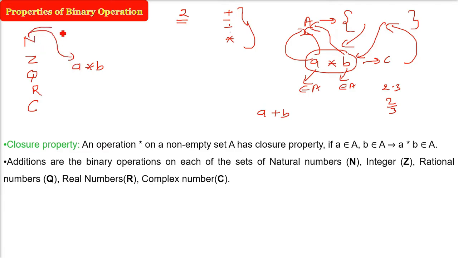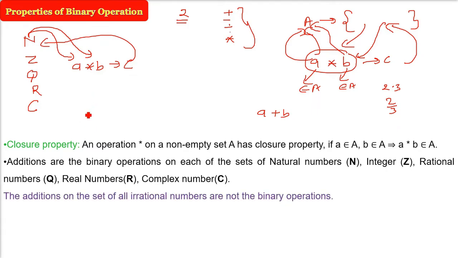That is, the first value we have taken from natural numbers, the second value we have also taken from natural numbers, and when we add these two values, the resultant value should also come from the natural numbers. So the addition for all these is true, but not for irrational numbers. The addition on the set of all irrational numbers is not a binary operation, right?